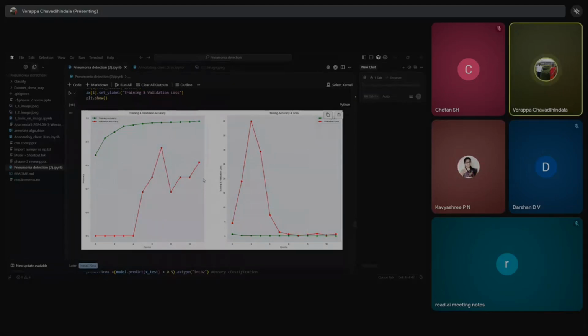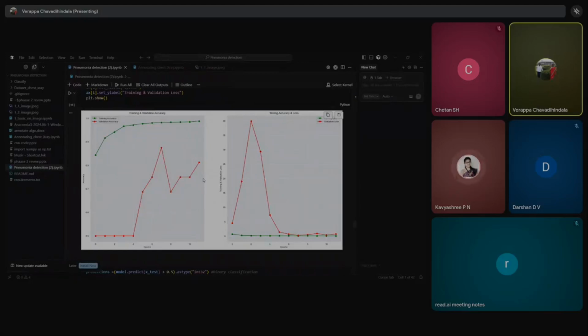Training accuracy is very high. Based on that only, we are calculating the model accuracy. If training accuracy is good, it will show a good answer, ma'am. That's the basis on which we are predicting.